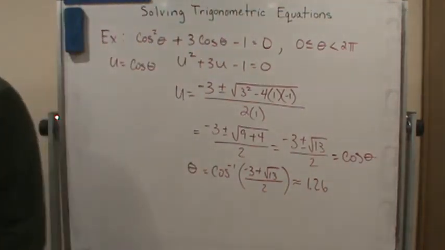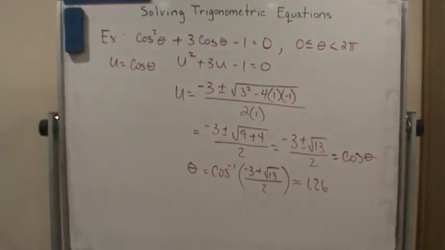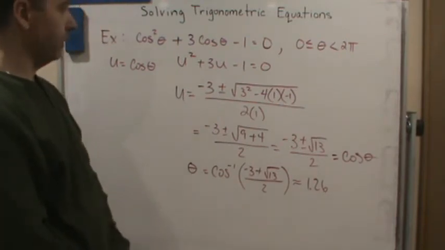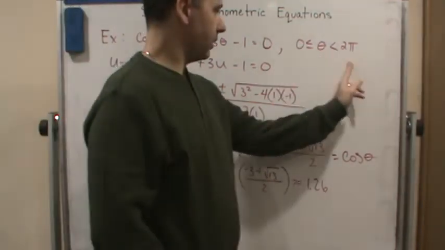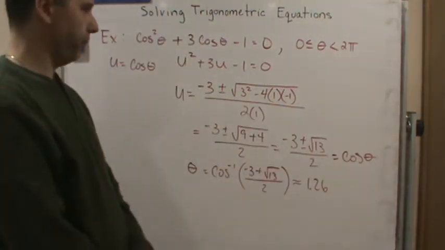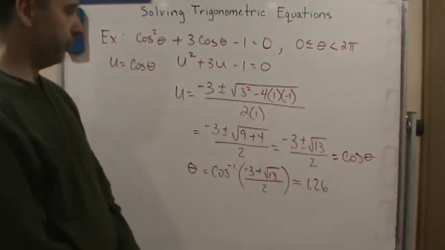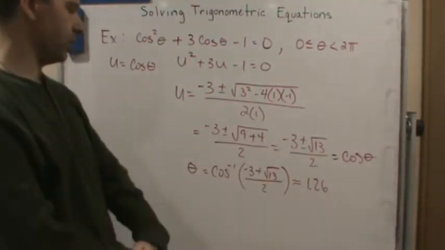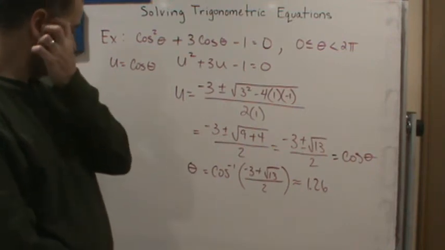Okay, so now, since cosine is also positive in the fourth quadrant, right? So again, notice the range of the domain that we're interested in for theta. So the first solution is 1.26, which is in the first quadrant. Okay?